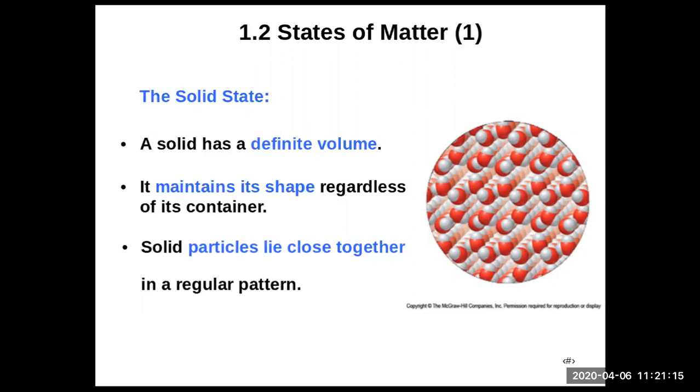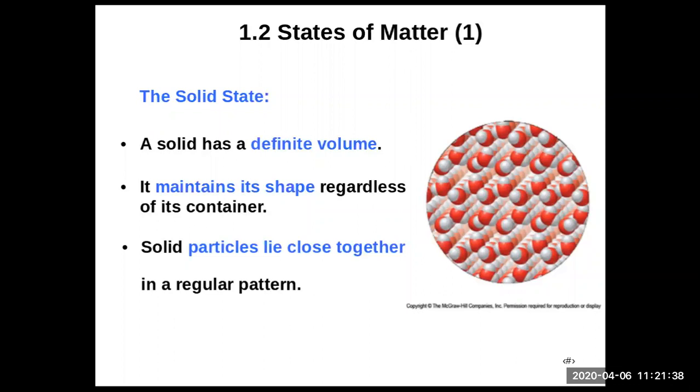That's what it means to have a definite volume. Solids also maintain their shape regardless of the container they're put in. So a rock will keep its shape. Wood will keep its shape. So solids will keep their shape.